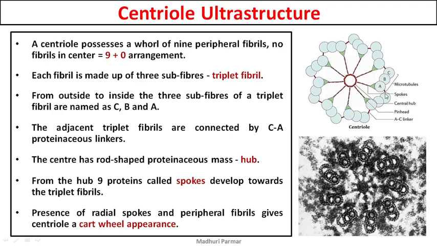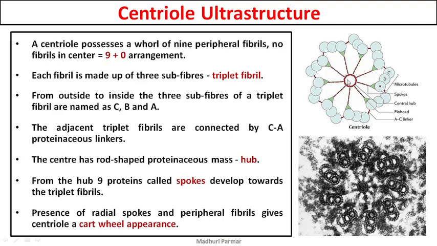This bridge in between is called the AC proteinaceous linker, linker because it is linking. In flagella and cilia, we saw these linkers were made up of nexin protein. The center has a rod-shaped proteinaceous mass.